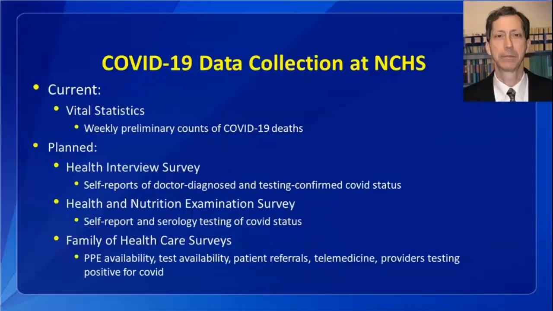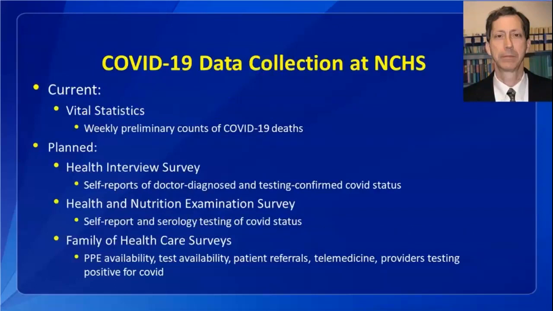Thank you. And then finally, there's a family of healthcare surveys that covers a range of healthcare aspects, from ambulatory care survey to hospital care and other aspects of patient care.